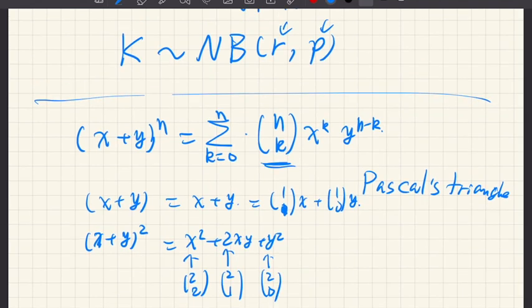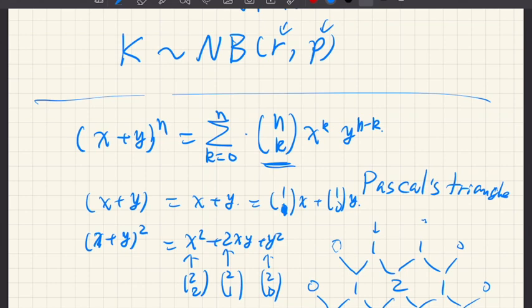Okay, so how do I get this Pascal's triangle? Suppose there is a row corresponding to x and y, right? So 0 plus 1 is 1, 1 plus 1 is 2, 1 plus 0 is 1, and again put 0 here, and 0 plus 1 is 1, 3, 3, 1, and so on.